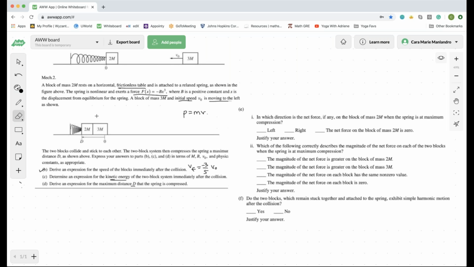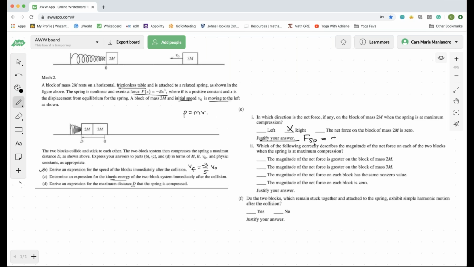So at maximum compression, the spring is going to try to be pushing it back towards equilibrium, so the direction is to the right. And then I think that's how you justify your answer.